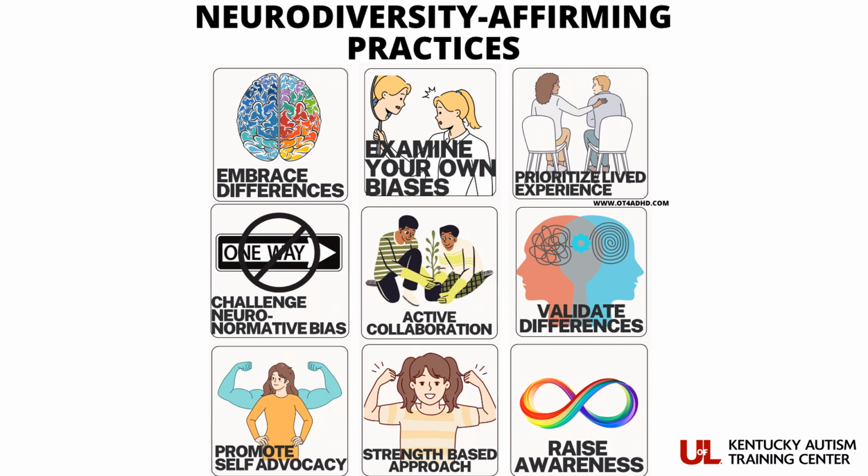And again, we've got to examine our own biases. We all have them, so we need to be aware of them and make sure that we're not pushing our biases onto anyone else. Make sure that we're prioritizing those lived experiences. Again, we're challenging those biases that we may have. Active collaboration.